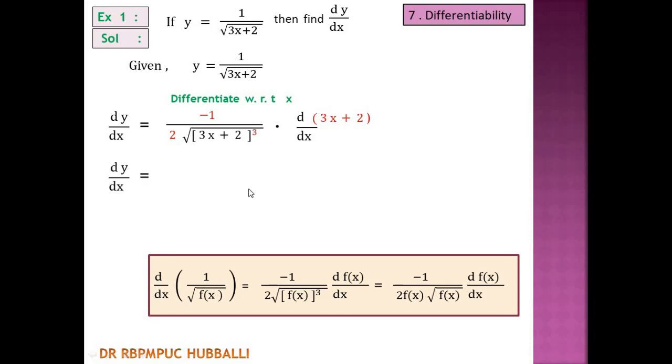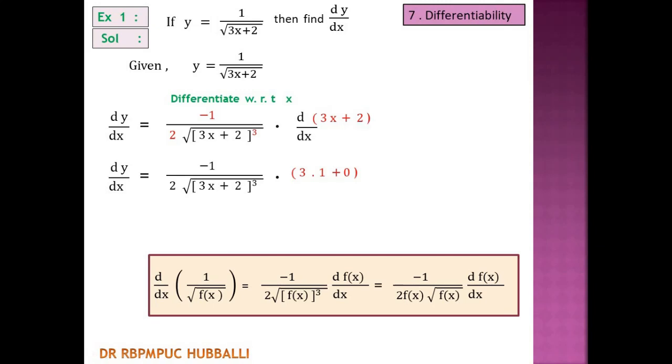It is not completed because we have here the derivative of 3x plus 2, which you have to write. So the first term as it is, into d by dx of 3x plus 2, which is a simple linear algebraic function. So write the derivative: 3 as it is, the derivative of x is 1, and 2 is a constant, whose derivative is 0. So it becomes 3 into 1 plus 0.